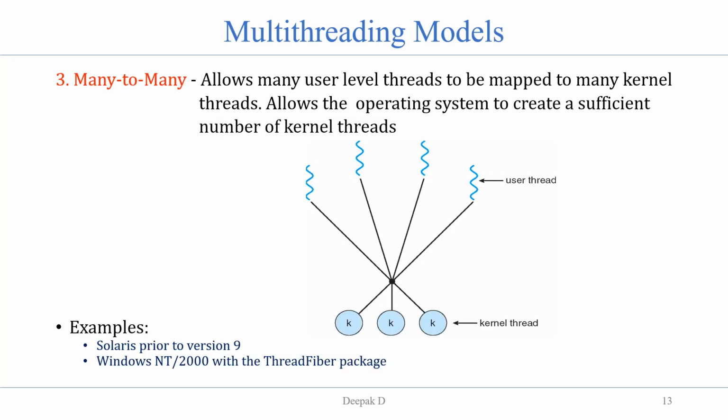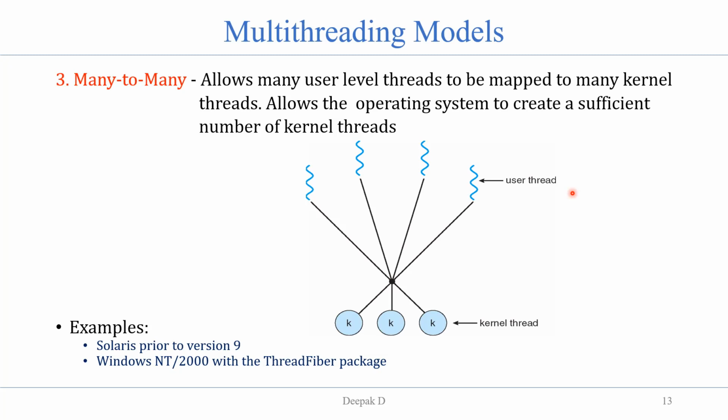The next model is many-to-many. Here you can see in this diagram there are more user threads and fewer kernel threads. These user-level threads are multiplexed to a smaller number of kernel threads.